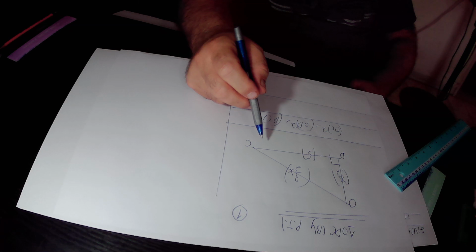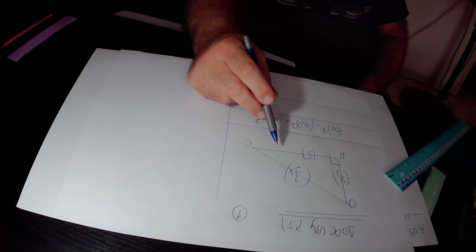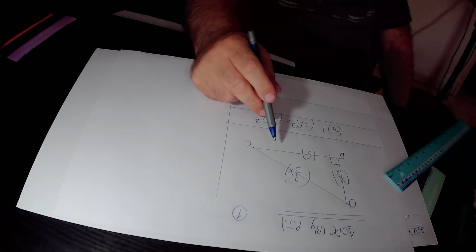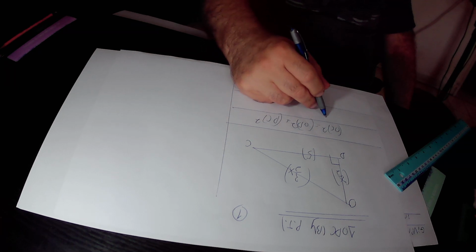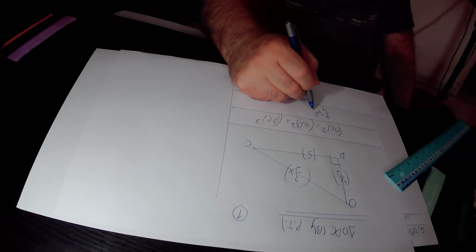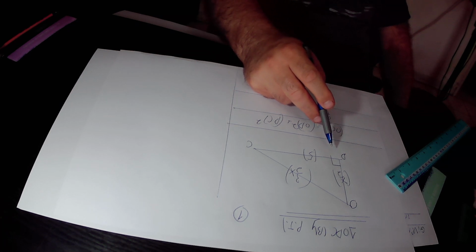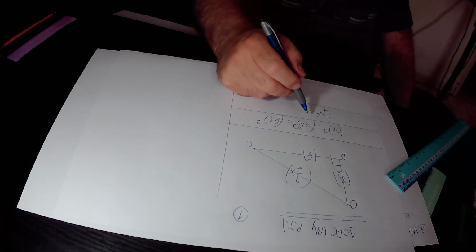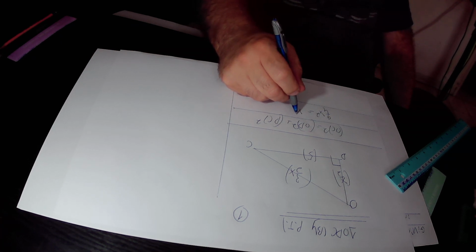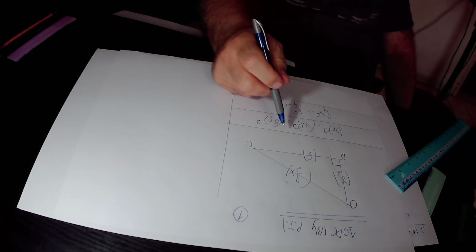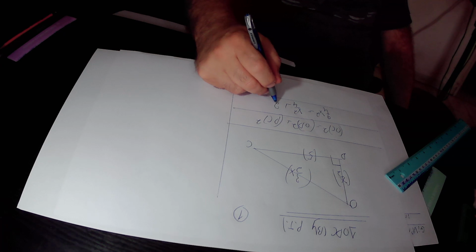OC equals 3 over 2x units in its length, therefore OC square equals 3 over 2x squared. 3 over 2x squared equals 9 over 4x squared, and it equals OD square. OD is x over 2, therefore OD square is x over 2 squared, that is x squared over 4, plus DC squared. DC is 5, therefore DC squared is 5 squared, that is 25.